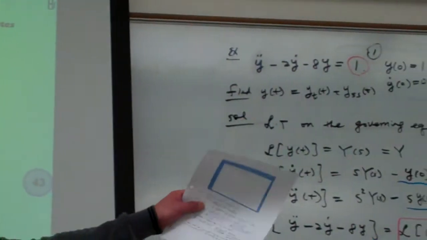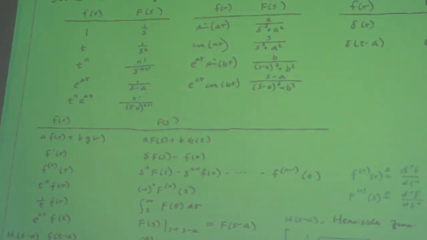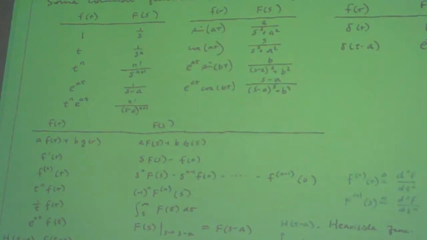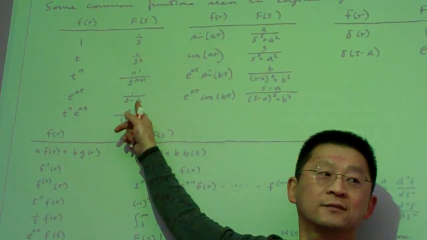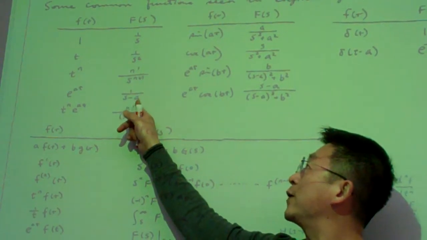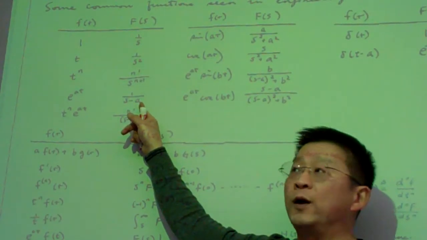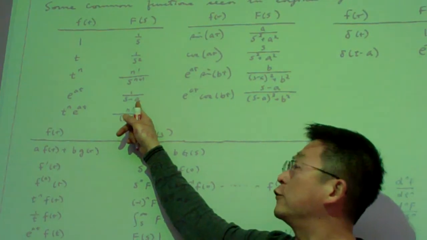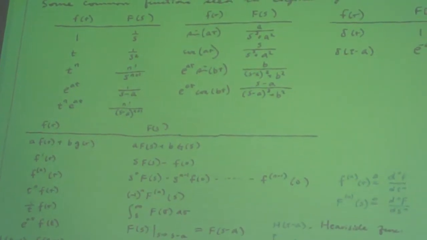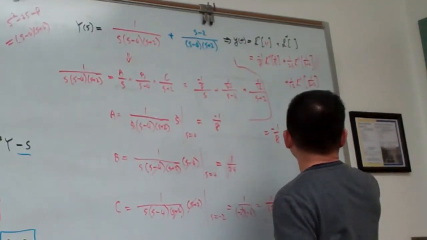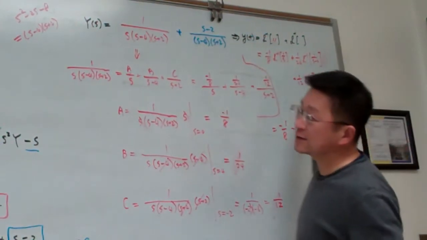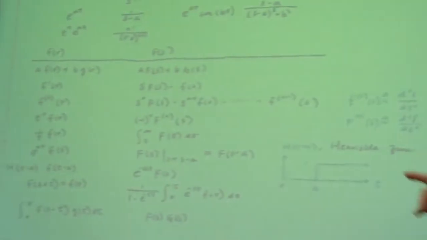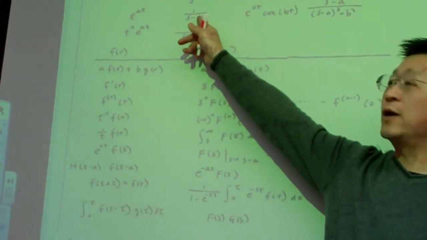Okay, the second term, plus the inverse of 1 over s minus 4. We look at this term here. For 1 over s minus 4, a is equal to 4, so the second term equals e to the 4t. And plus 1/12, the last term, 1 over s plus 2.